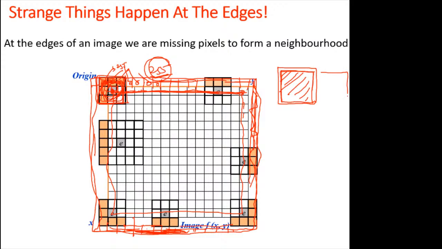In that case image size एक पिक्सल रिड्यूस हो गया। तो अगर 512 by 512 की इमेज थी, so now ये 510 by 510 की इमेज रह जाएगी। One thing gone here, one pixel at the bottom.